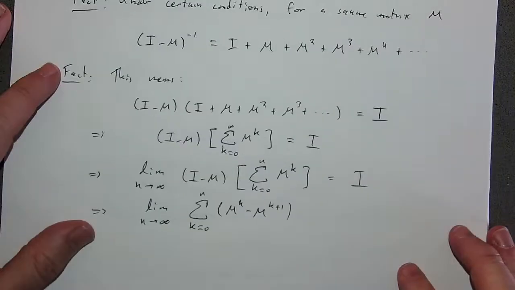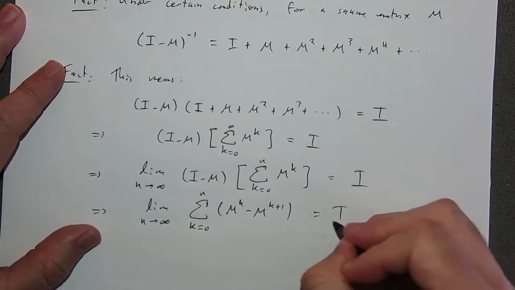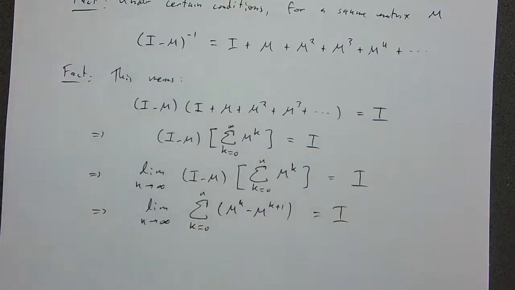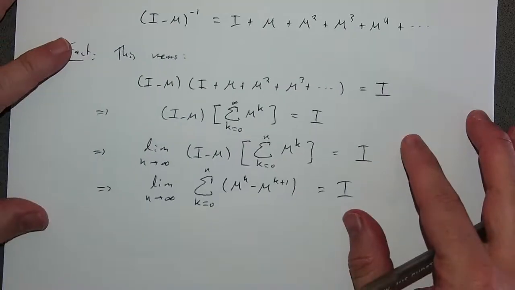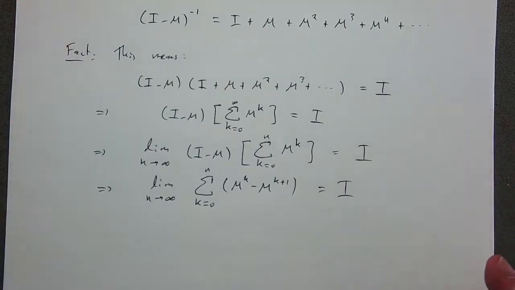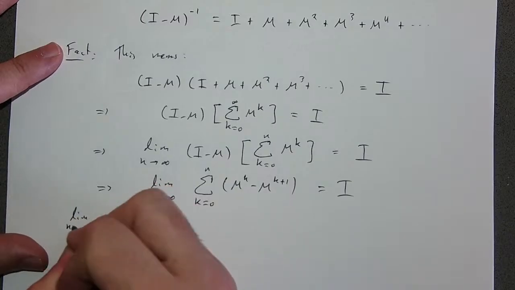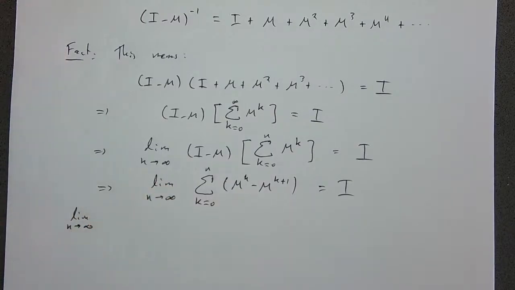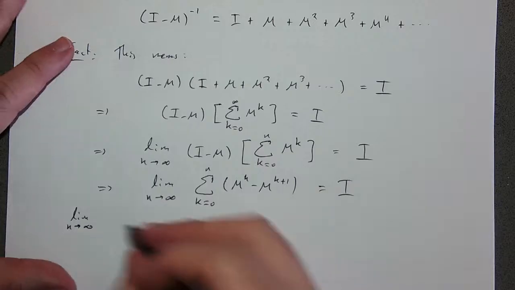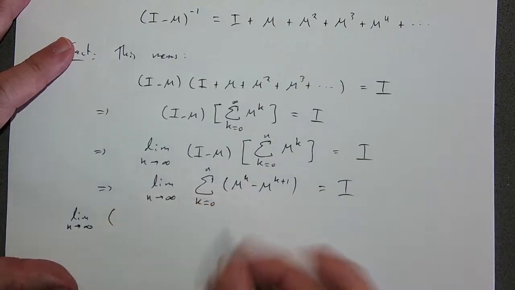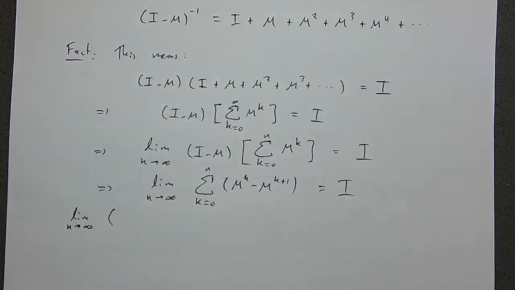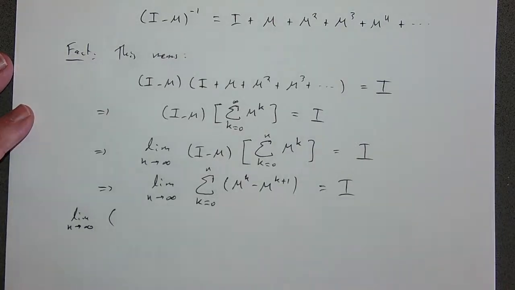And that has to be equal to I. This means that the limit as n goes to infinity of expanding this thing, what do I get here? I notice that this is a telescoping sum.